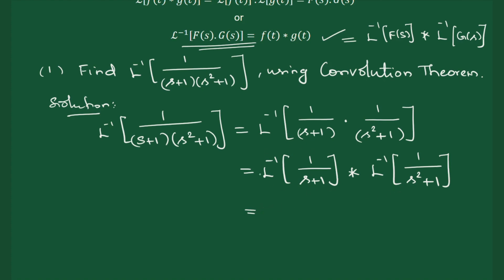By using the usual formula, this can be written as e to the power minus t. Similarly, this is nothing but the formula for sin t. So this is the term f of t as well as g of t here. Now, for our convenience, let us take it as sin t star e power minus t.